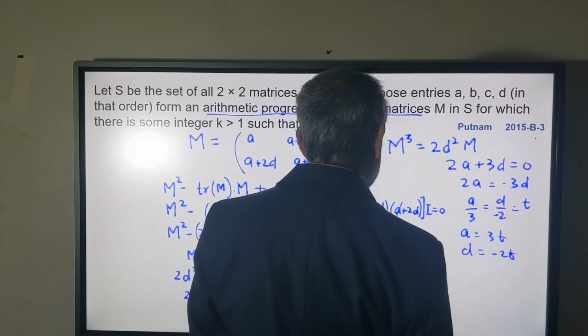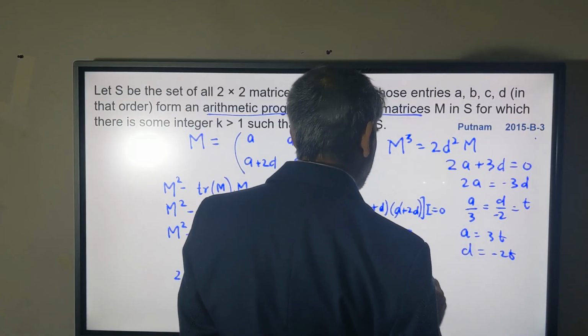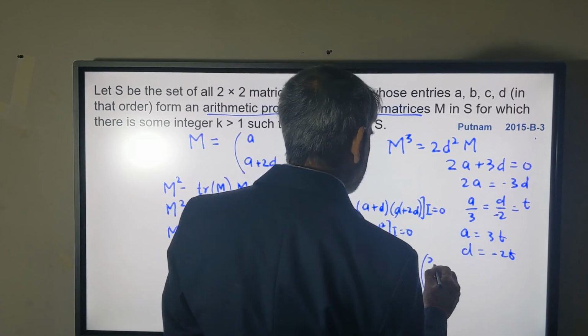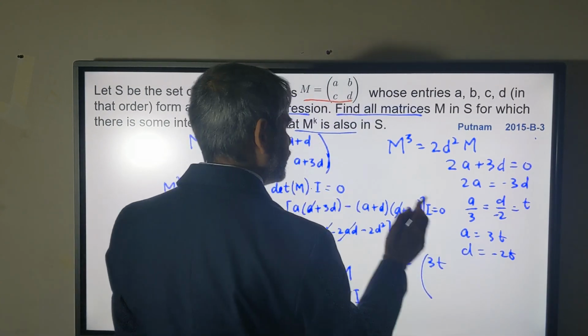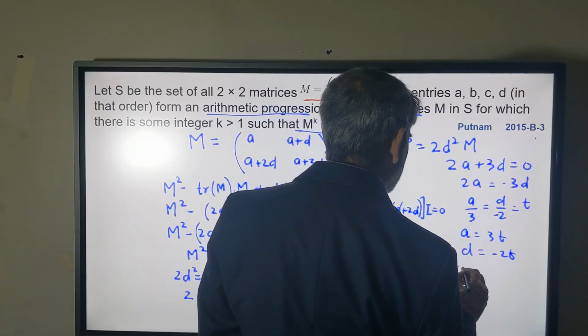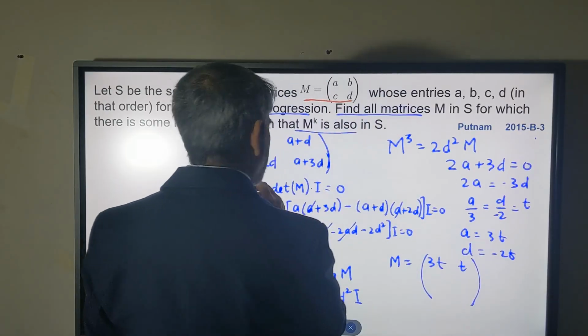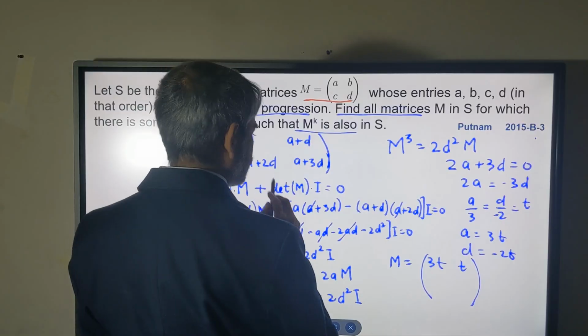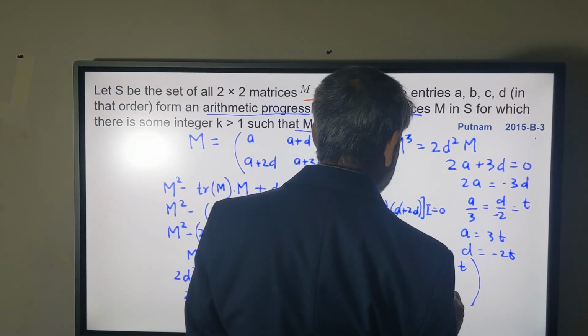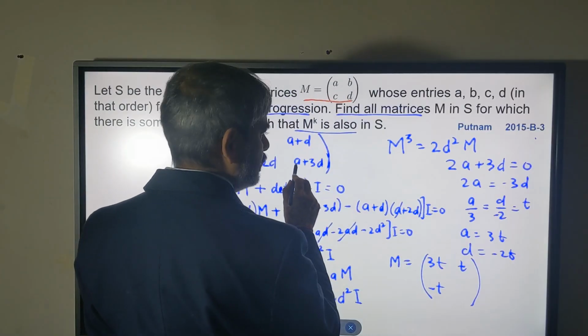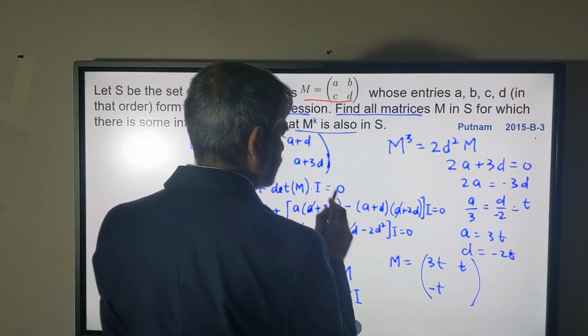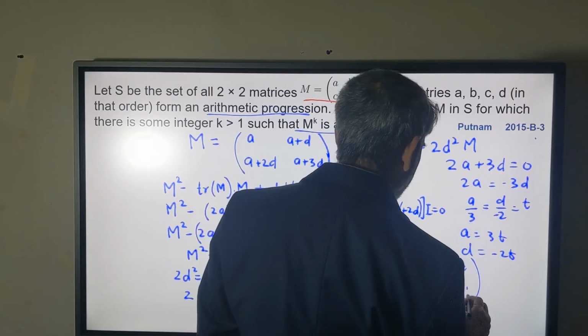And in that case, the elements of M are going to look like 3t, and then 3t minus 2t is t, and 3t minus 4t is equal to minus t, and 3t minus 6t is minus 3t.